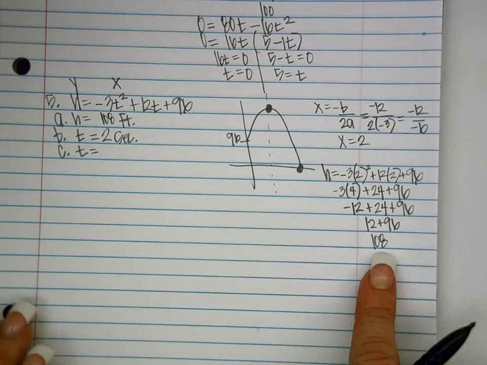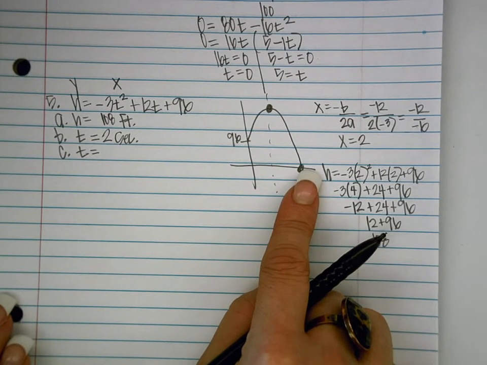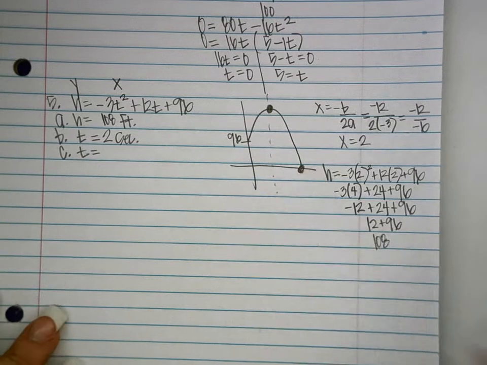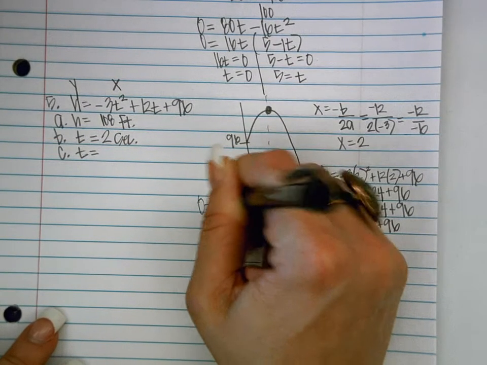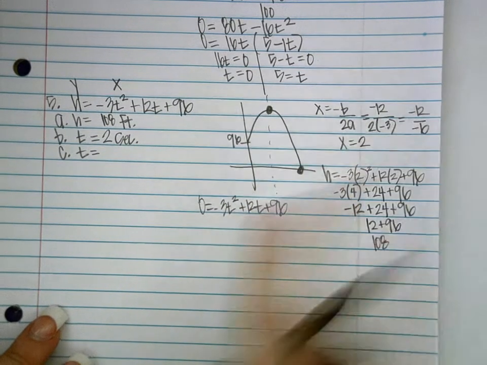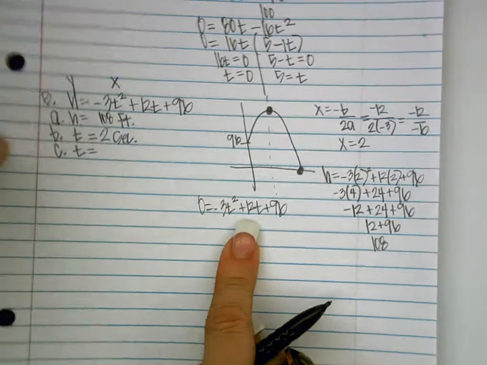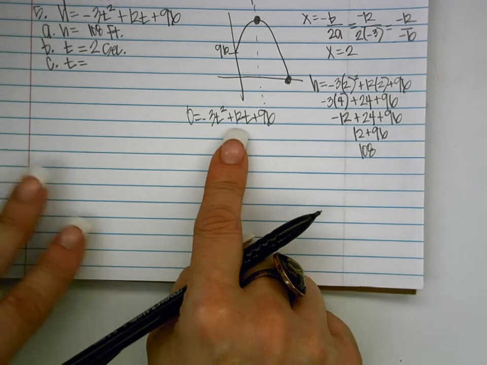Then, how do we find how long it takes to hit the ground? Plug in 0. So set it equal to 0: 0 equals negative 3t squared plus 12t plus 96. How do you factor and solve this? Take out a GCF. It's actually a negative 3.